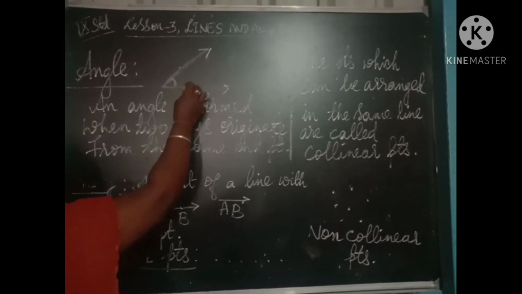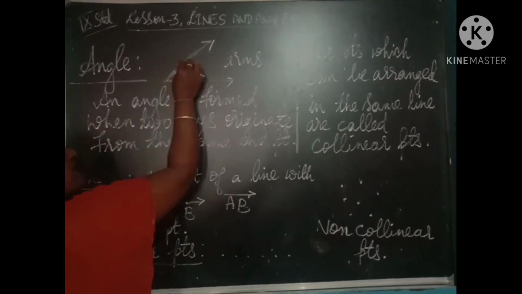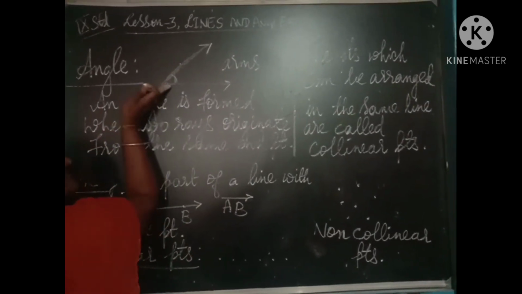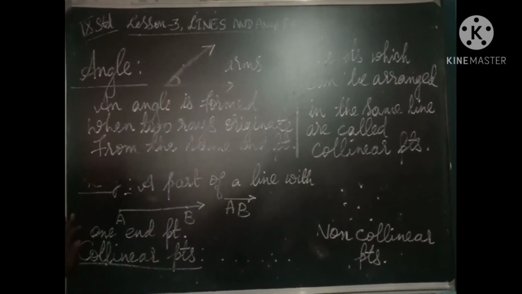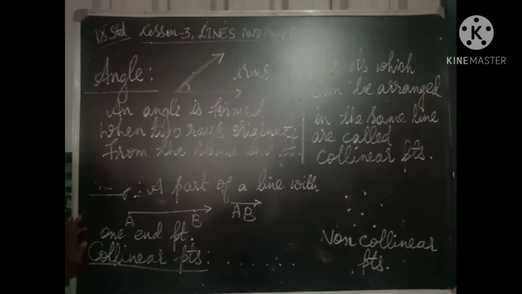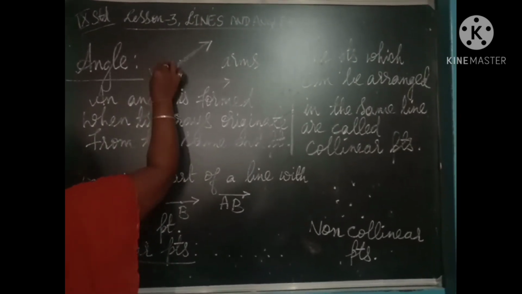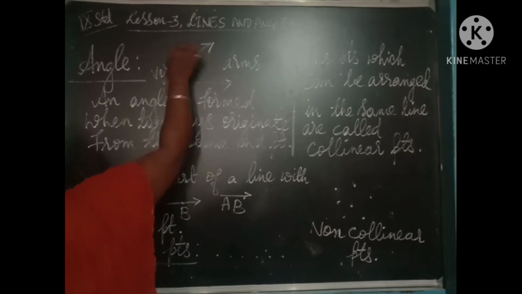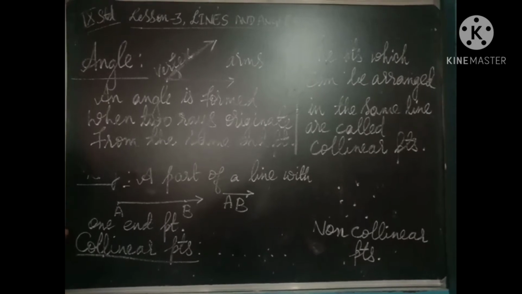The angle has two arms, and the endpoint is called the vertex. This is called an angle.